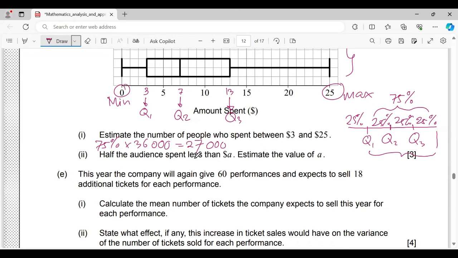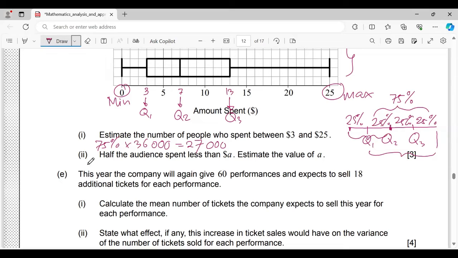Okay, half of the audience spend less than A. Estimate the value of A. Half of the audience means 50%. 50% of 36,000, of course, is 18,000. This 50% is 0 to Q2, 0 to 7.